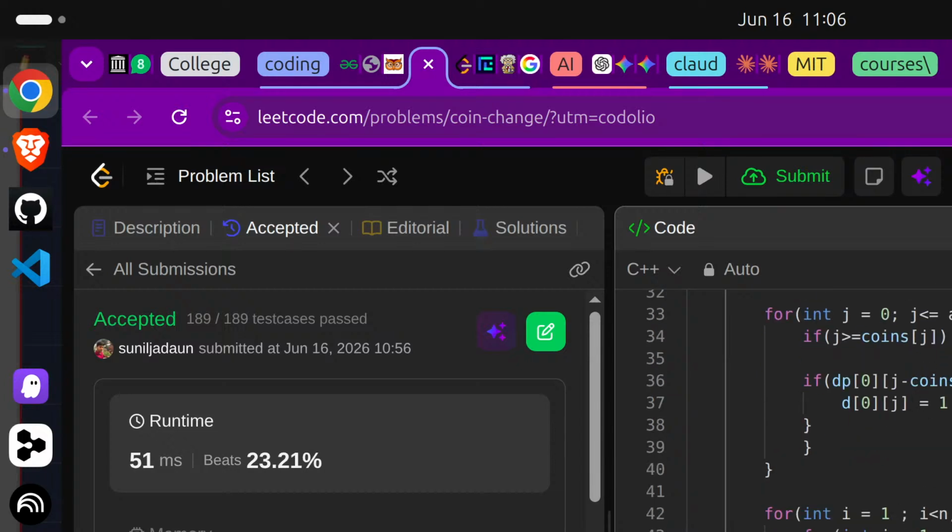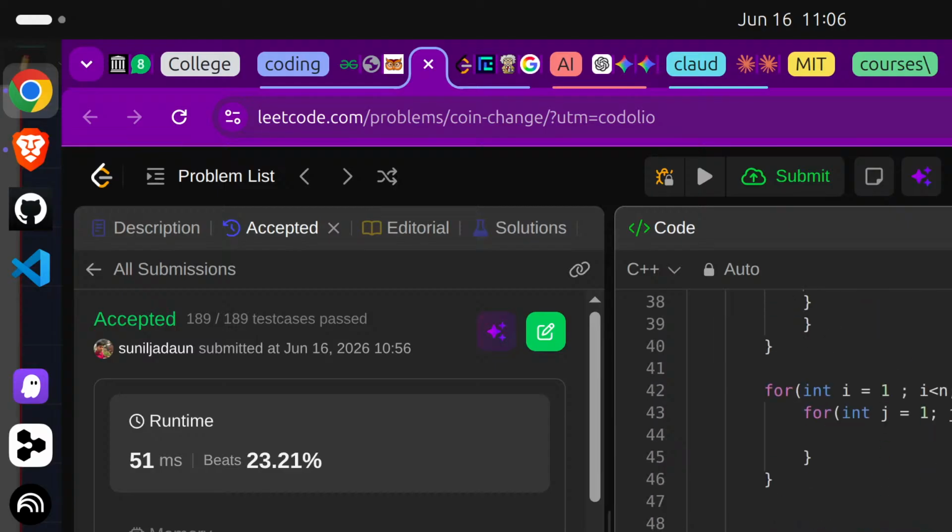So we can do dp of i comma j is equal to minimum of dp of i minus 1 comma j, comma dp of i minus 1 comma j minus coins i, right, plus 1.